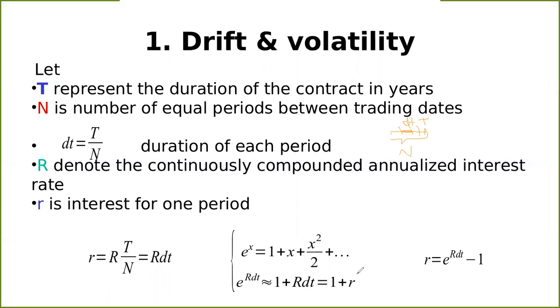From this we can find little r, the interest rate for one period, and it will be e to the power R dt minus 1. These are very useful formulas for us.